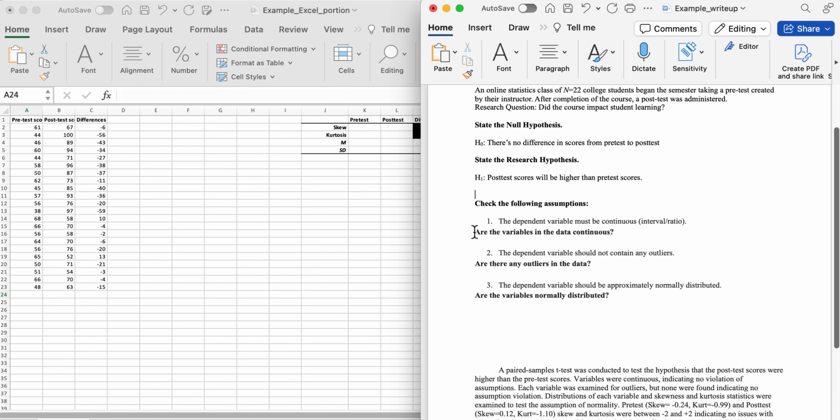For the paired samples t-test, we need to know, are the variables in the data continuous? Well, these are percentages, right? They go up to 100%. This is going to be a good continuous variable. They could have like 61.25%. They could have a 46.4%.